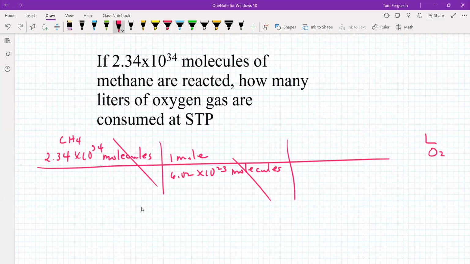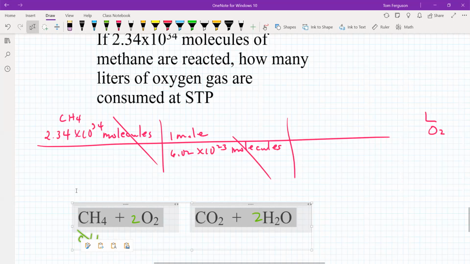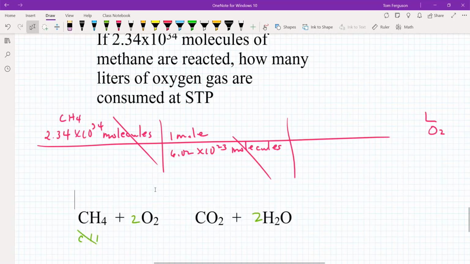Now we'll use the ratio from the balanced equation, which, let me write that down here. So we're looking at 1 to 2.